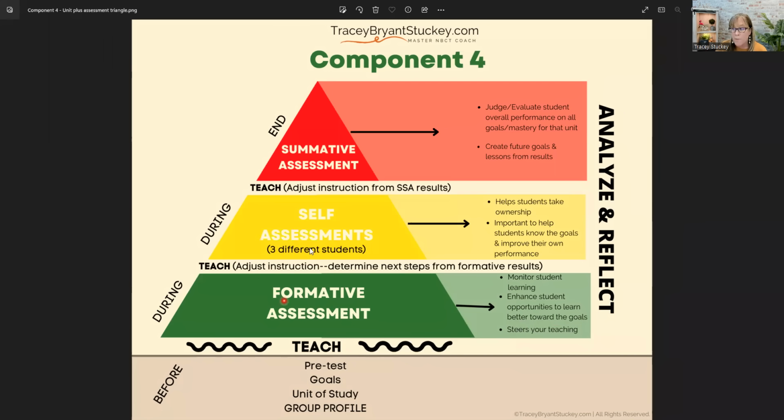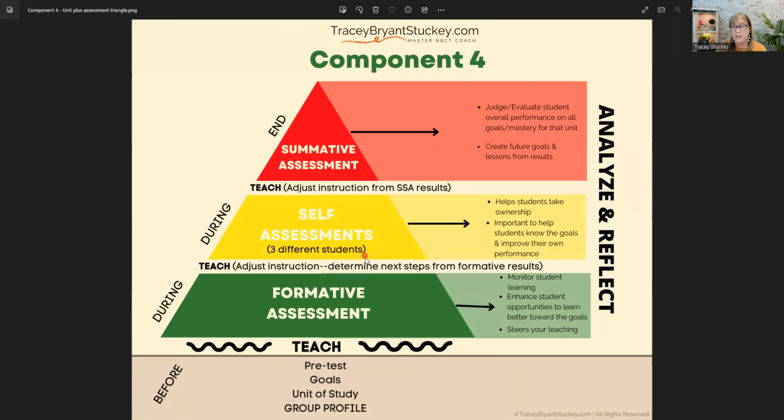Now, between formative and self-assessments, you need to adjust instruction to determine those next steps from those formative results. You shouldn't just plow on through what you had planned exactly the way you had it planned. There's going to be modifications because that's why we use formative assessment.